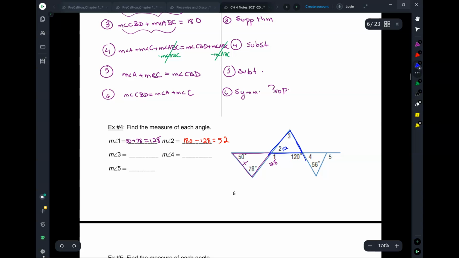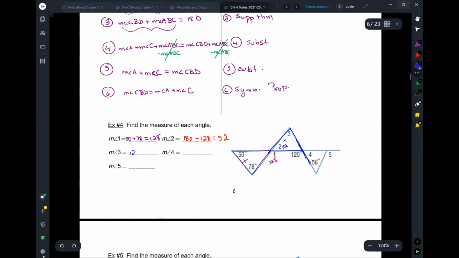And if I extend this side, is the 120 an exterior angle? The 120 equals the sum of 2 and 3. So 120 minus 52 is 68. Oh, good for you. Thanks.